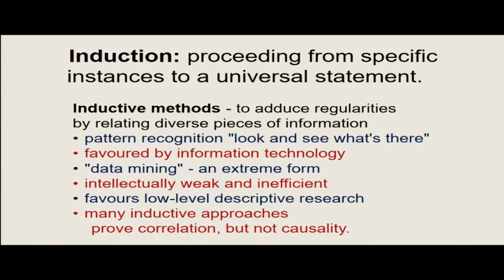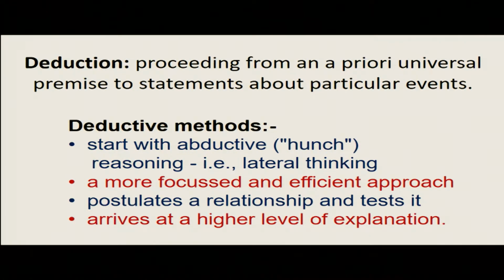relationships. The alternative is to work deductively, and I would recommend to you that you move away from induction and towards deduction when you formulate your research, because deduction is very much more of a powerful methodology. So at this point, we start with an a priori universal premise.